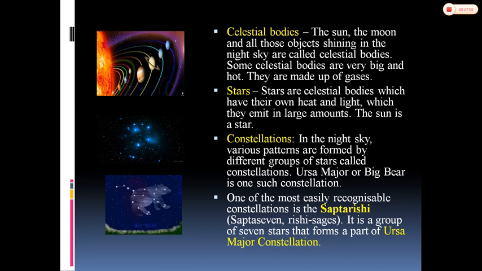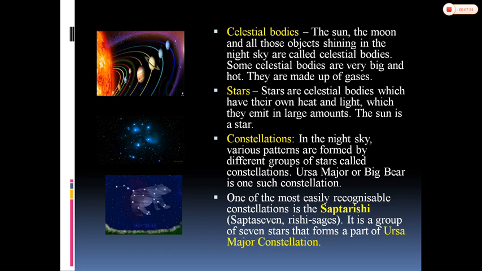Ursa Major or the Big Bear is one such constellation. One of the most easily recognizable constellations is the small bear or the Saptarishi. Saptarishi means seven sages. Sapta means seven and Rishi means sages. It is a group of seven stars that forms a part of the large Ursa Major constellation.